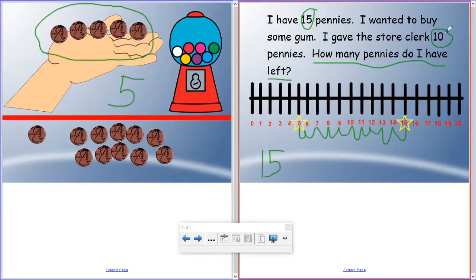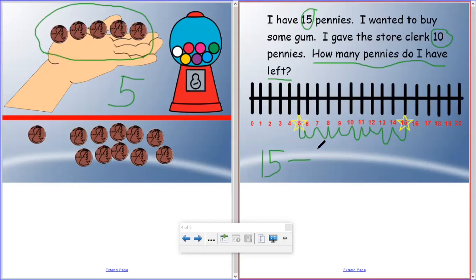And when we give away something, we're taking away. That operation is called subtraction. What sign do we use to show that we're doing subtraction? The minus sign. The minus sign tells you that you're taking away.